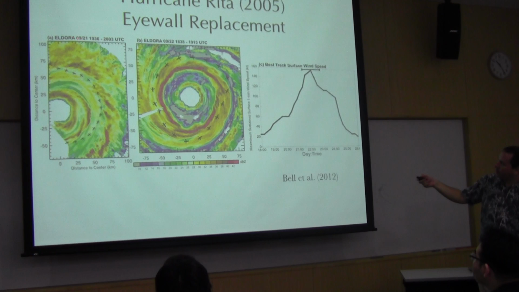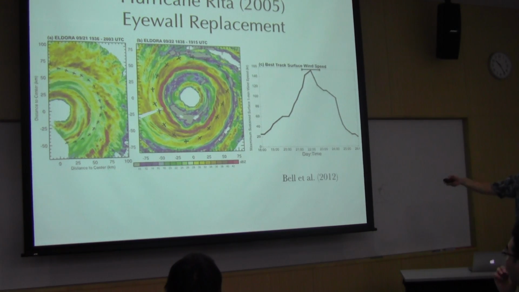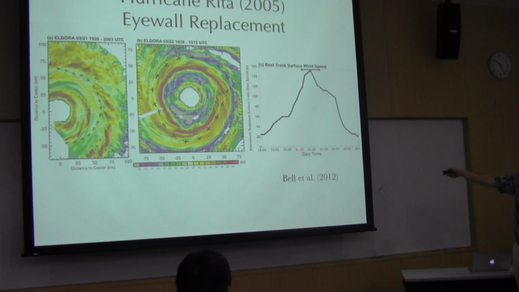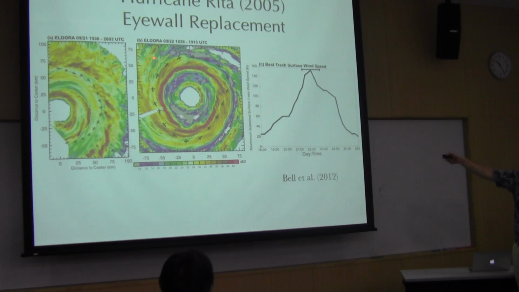So these are ELDORA observations on September 21st, around 19Z, 20Z. And then this is the 22nd, basically the same time, about 23 hours later. So not exactly one full day, but pretty close. And if you put that on the intensity chart here, that's basically this period right here. So here's 0Z on the 21st, 0Z on the 22nd.